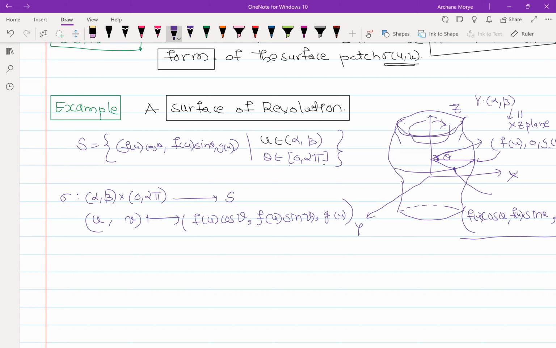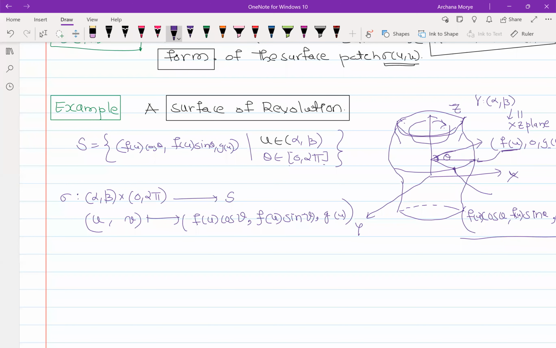So once I have a surface patch, I need to find out what the first fundamental form is. But before that, let me do certain things here. Remember that if this f of u achieves 0, then what will happen?